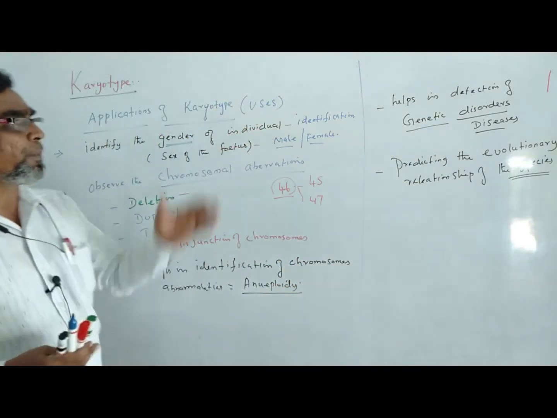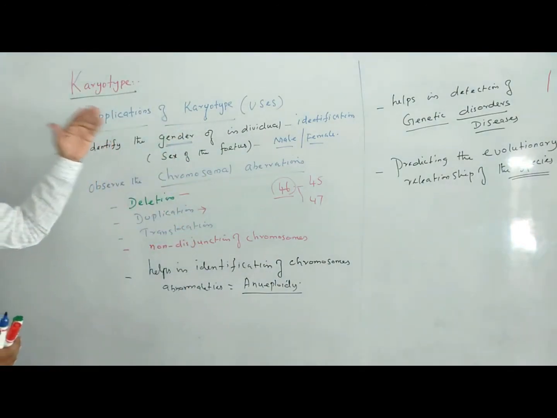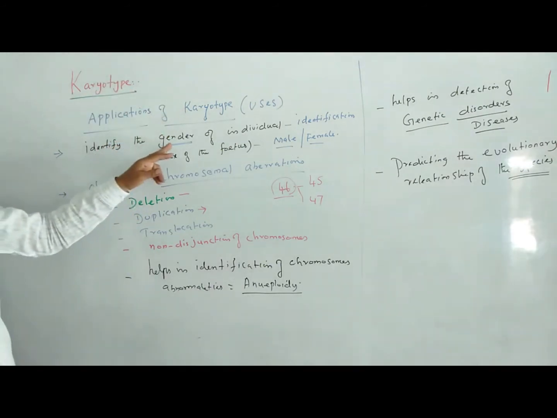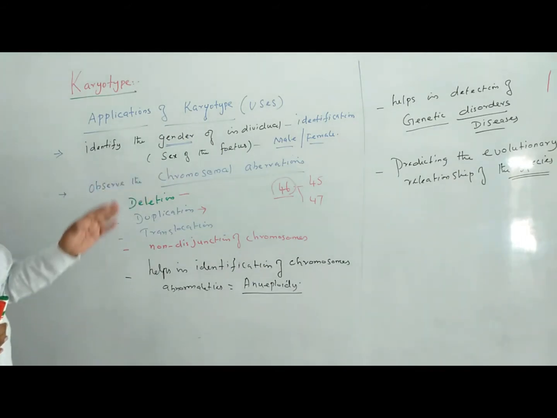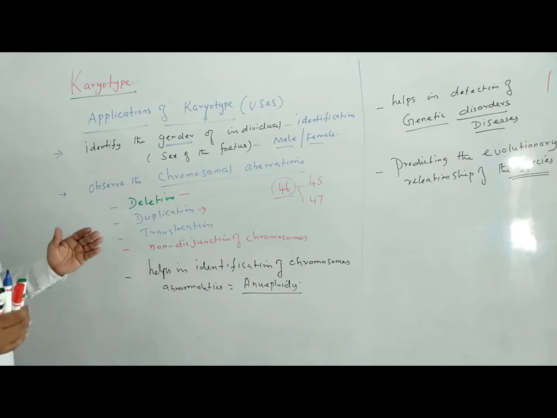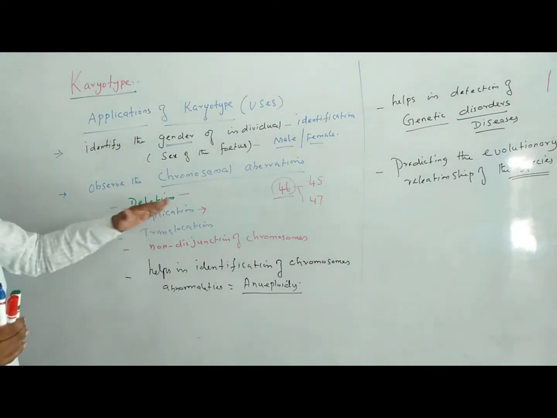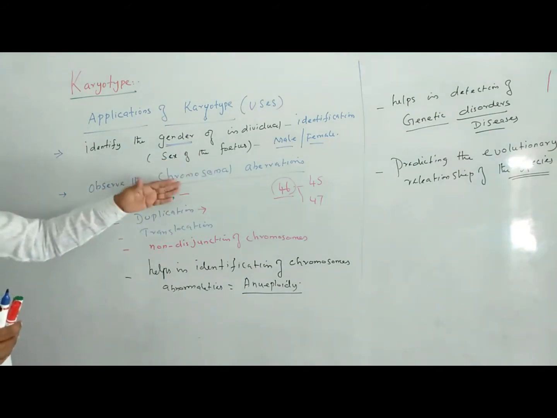Once again, I want to repeat the significance or uses. Just listen, students. Applications of karyotype, nothing but uses. It helps to identify the gender of an individual, male or female. Next, we can identify the chromosomal aberrations, whether it is deletion, or duplication, or translocation, or non-disjunction. These chromosomal aberrations take place inside the cell, and we can identify them with the help of this technique.